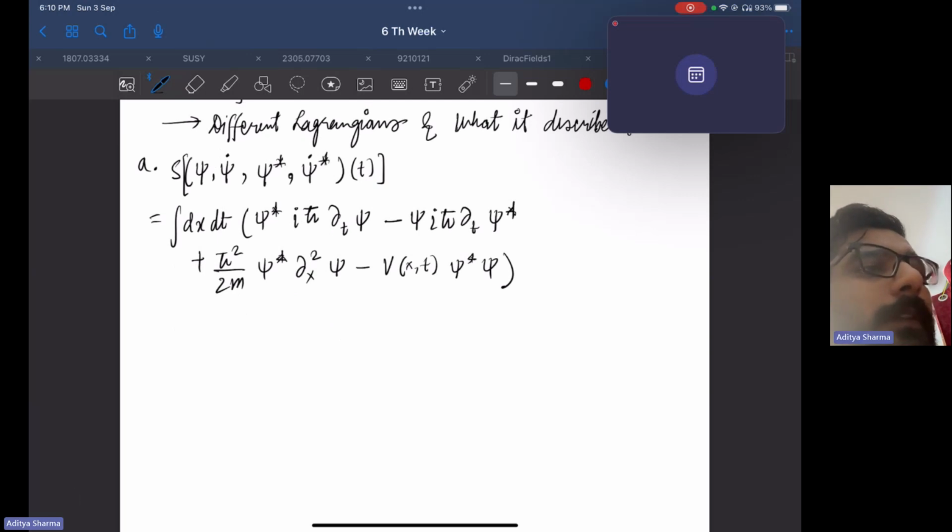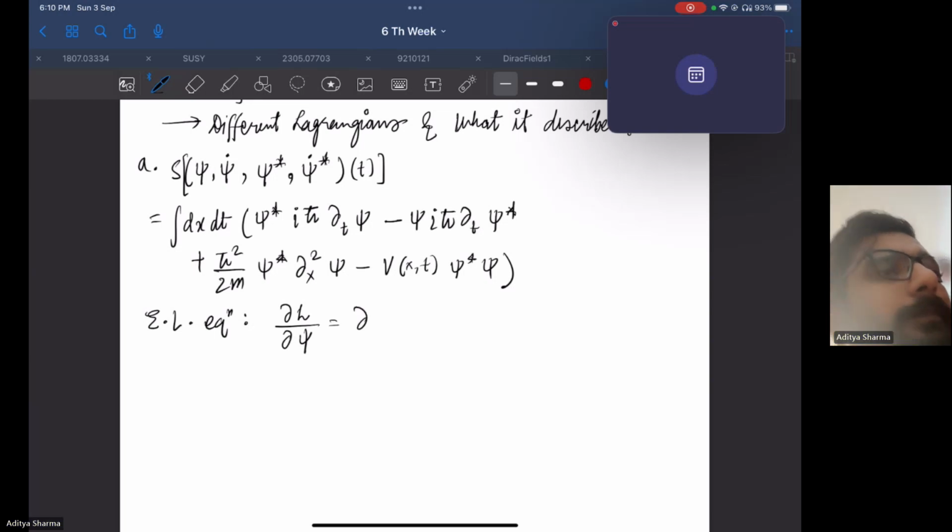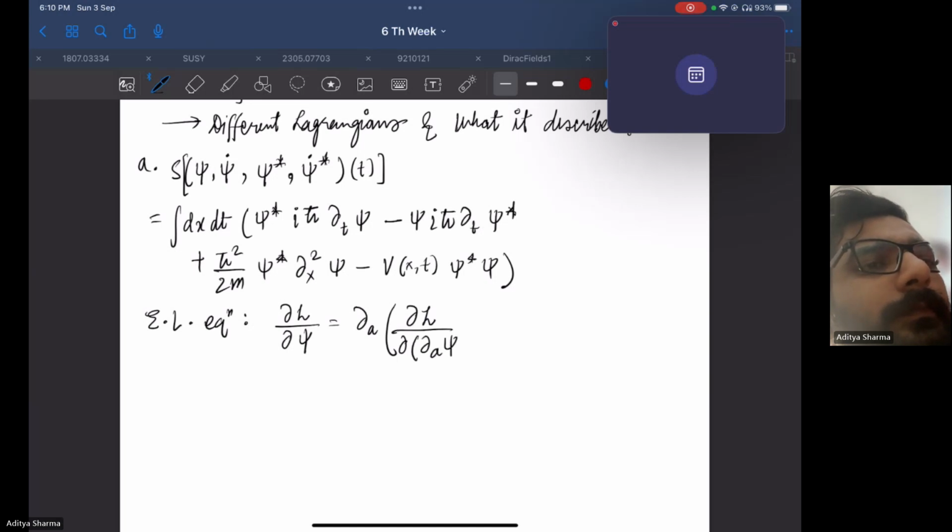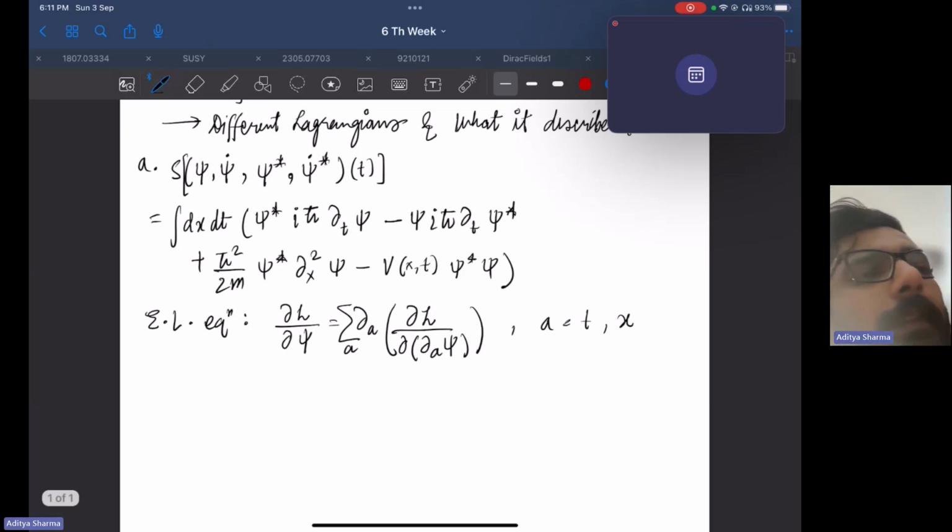The variation of this equation, the Euler-Lagrange equation: if we compute the Euler-Lagrange equation by using, for example, psi, there's a summation happening here.